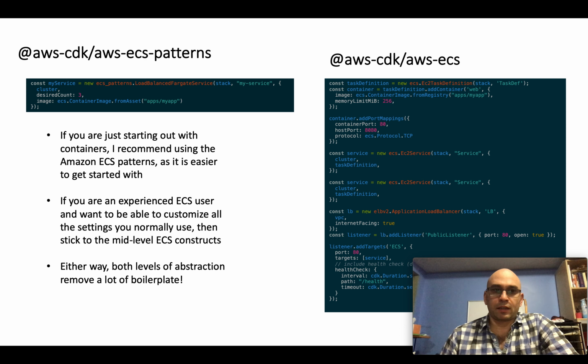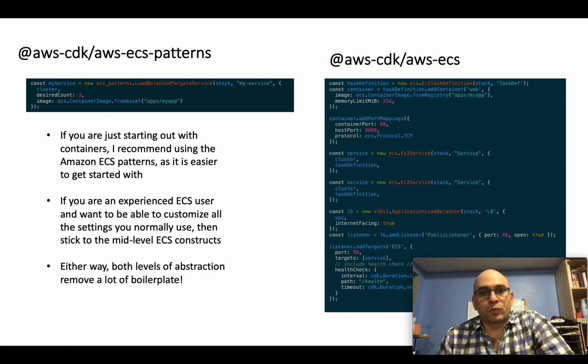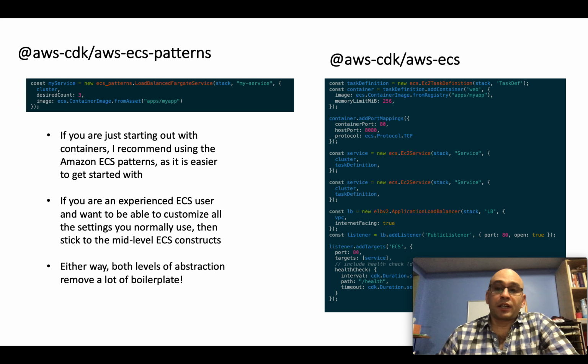even to a greater extent, the bare bone constructs, right? So as an example, in this case, these 5 lines of code generate a Fargate ECS service, meaning it also generates the ECS cluster for you. And it also generates the application load balancer that will route the request to this particular Fargate service.